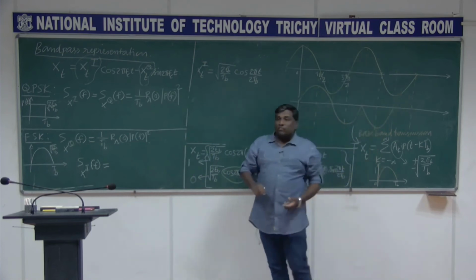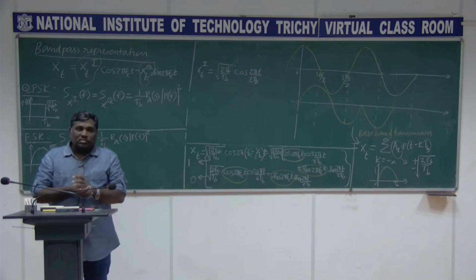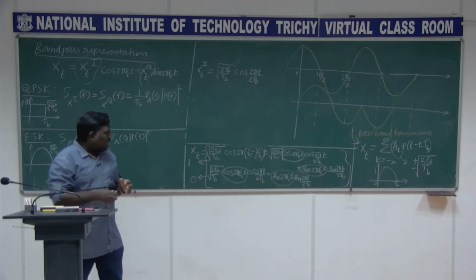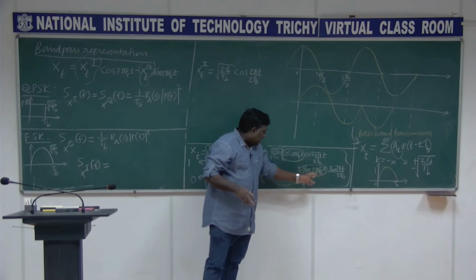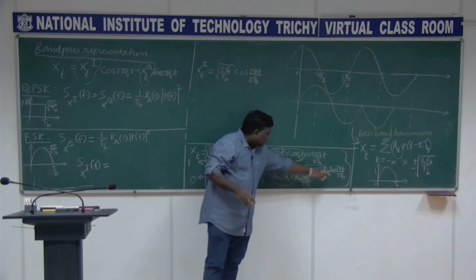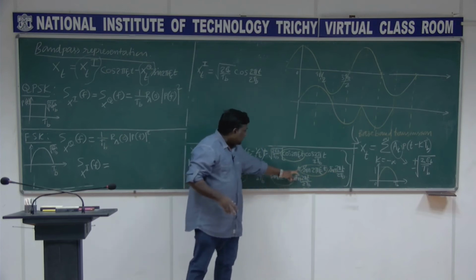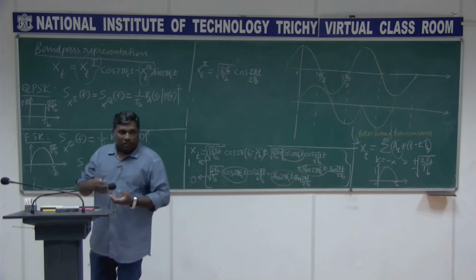But in case of quadrature component, it is not like that. We have plus or minus. Once in TB, it actually senses the value, right? So it is purely a sine wave here. In both the cases, sine 2 pi t by 2 TB is there. But this sine here is going to be plus, and here it is going to be minus. It takes either plus or minus.